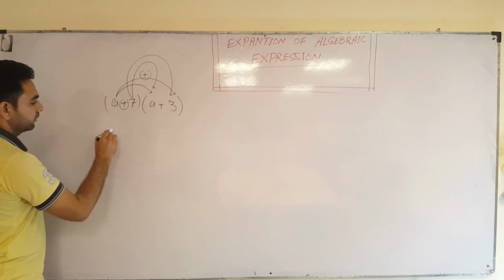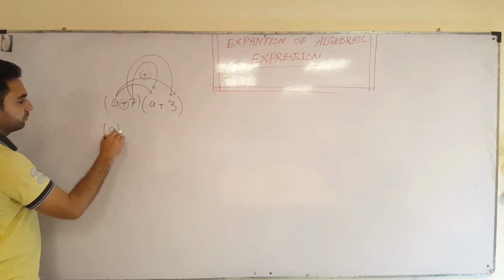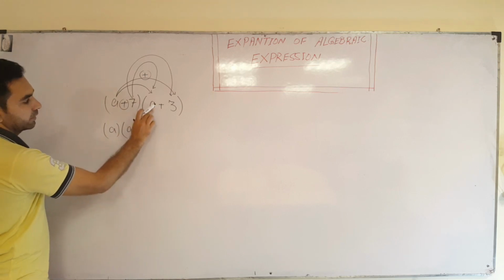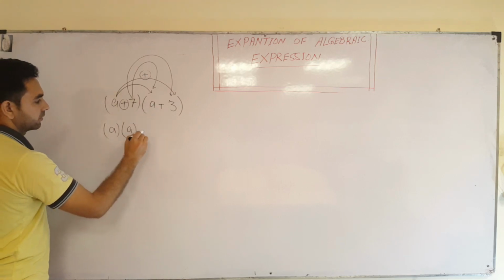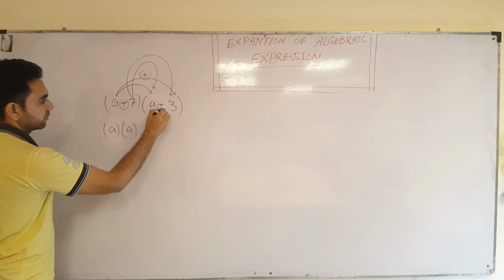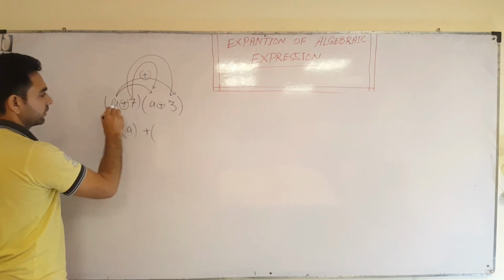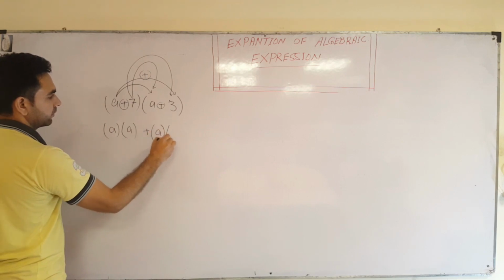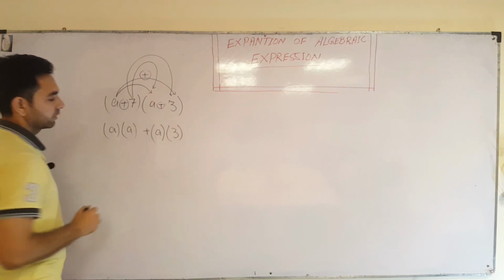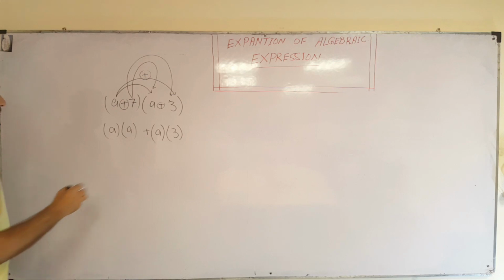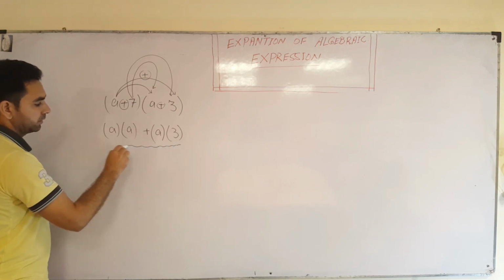The first term a is multiplied to the first, then the sign, then a is multiplied to 3, right? So the first part is done.